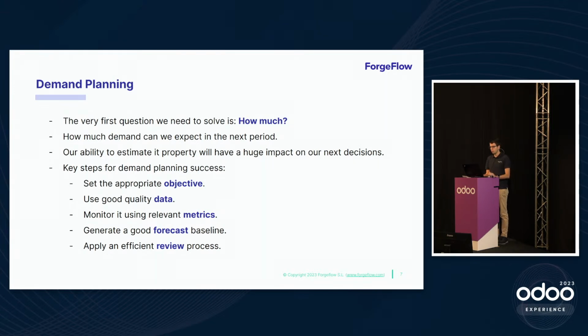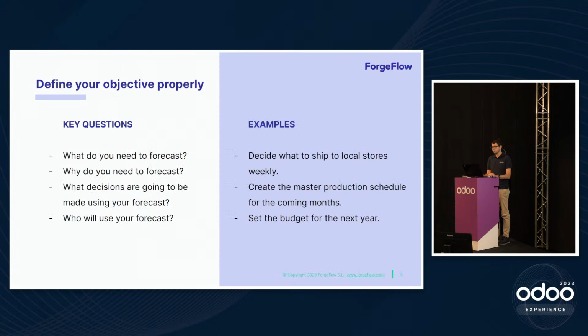I won't be digging into this too much because I don't want to make it too technical and I don't have time. But whatever your forecasting model is, be it machine learning or a statistical model, you will need to review it after having it. And in the last step, you need to focus on doing that efficiently and adding value while reviewing.